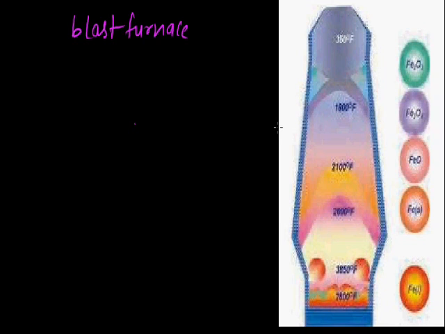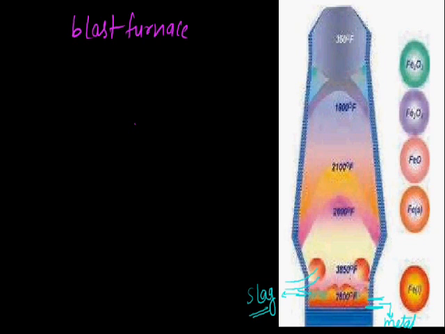The blast furnace is a tall cylindrical furnace made of steel, and at the base of the furnace there is an arrangement for the introduction of hot air, and this is introduced by these tuyeres. And here two taps are present. This is the upper tap and this is the lower tap. The lower tap is for removal of metal or matte, and the upper tap is used for removal of slag.